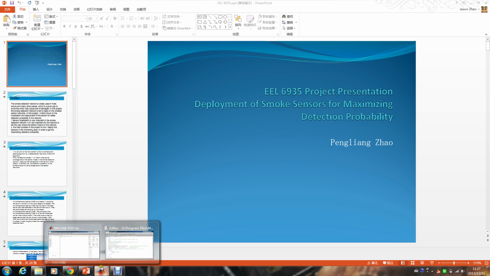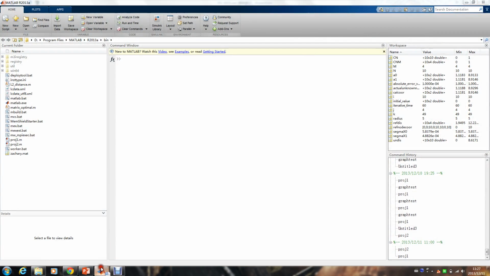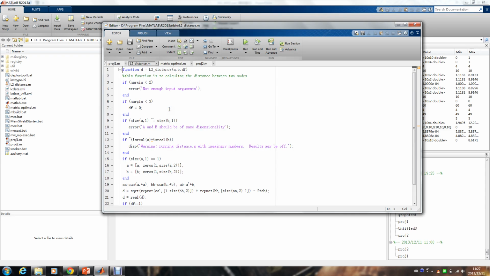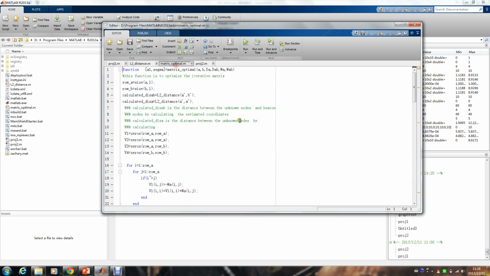Here I'll show my program in MATLAB. Here is the program for the first problem. And this is the defined function to calculate the distance between two nodes, and this is the function defined to optimize the interactive matrix.